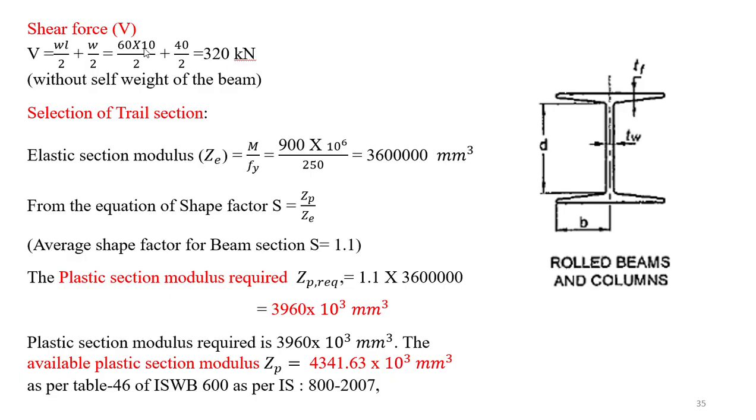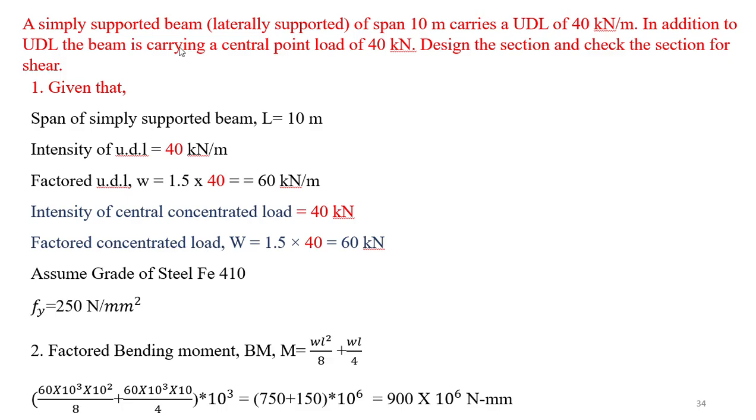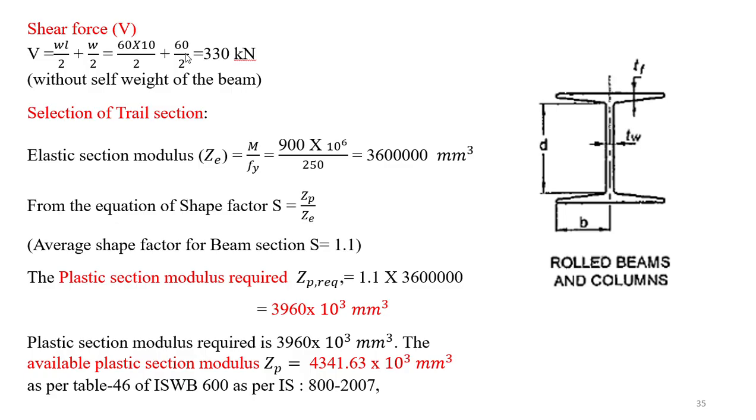By using these two equations, and due to the point load we get shear force 60 by 2. Total shear force will be 330 kilonewtons. This shear force has been considered without taking any self weight.